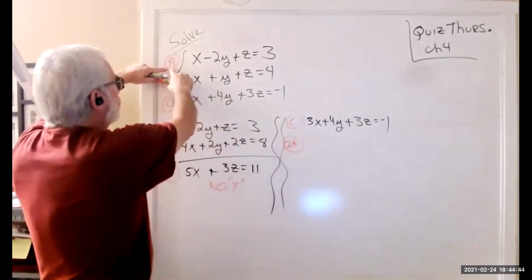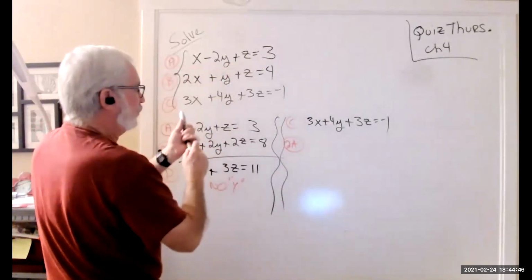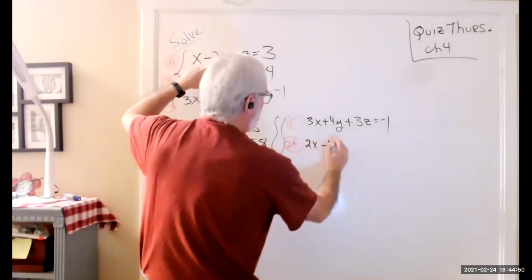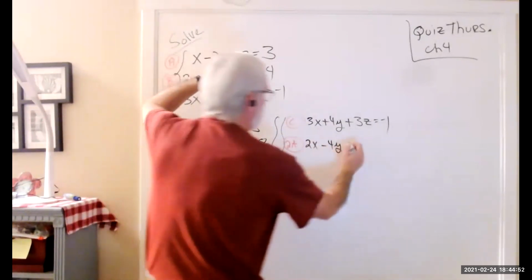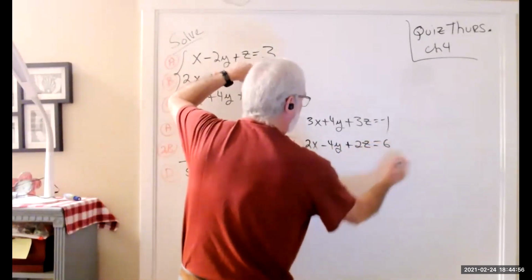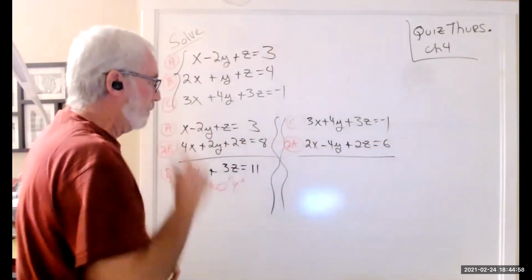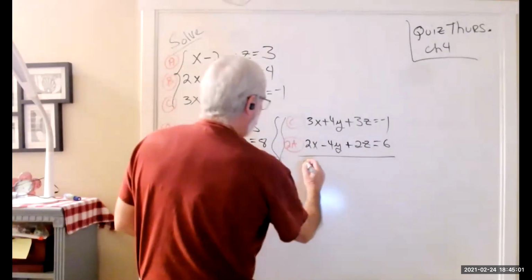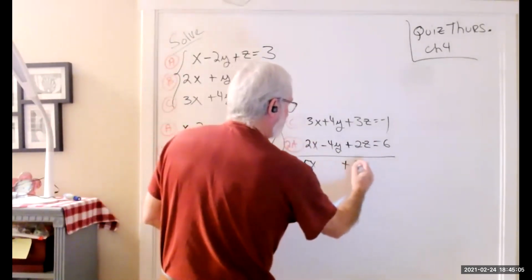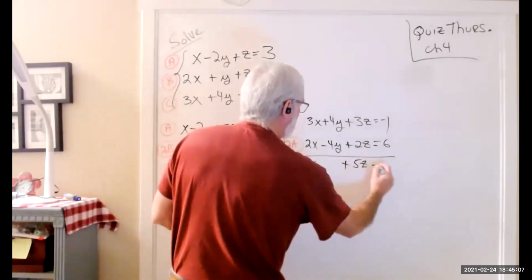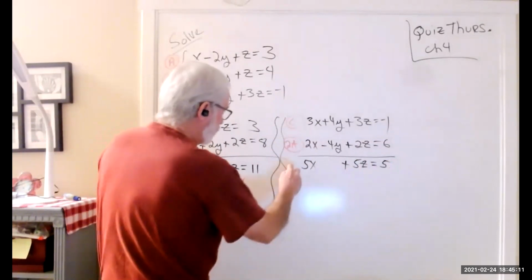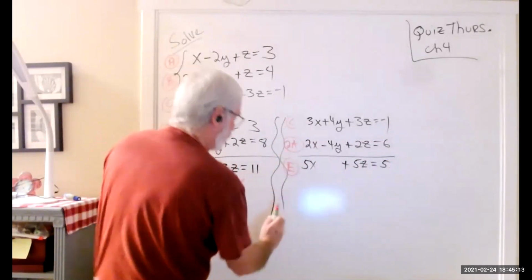Double A, 2 times A will give us 2X minus 4Y plus 2Z equals 6. Okay, giving me 5X. The Y's drop out, plus 5Z equals 5. And we said that new equation that we've created is called E.